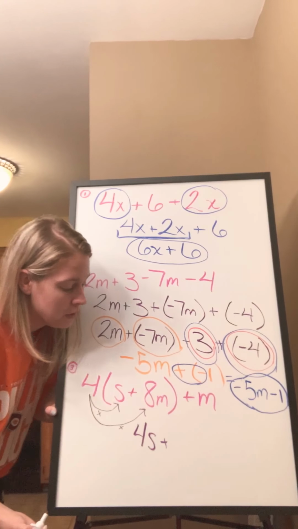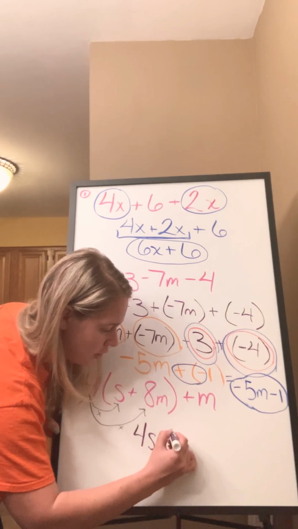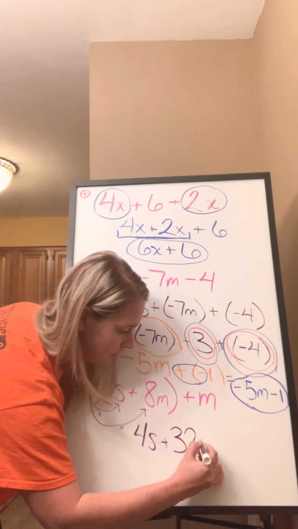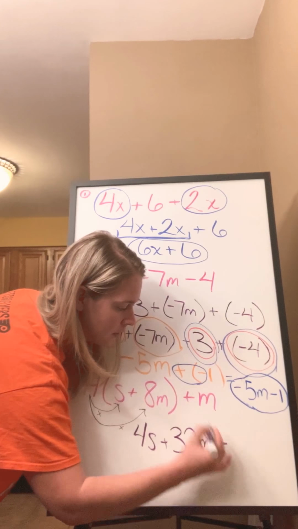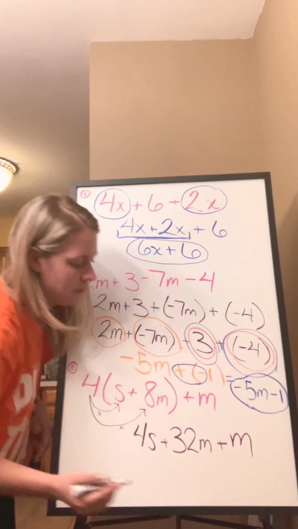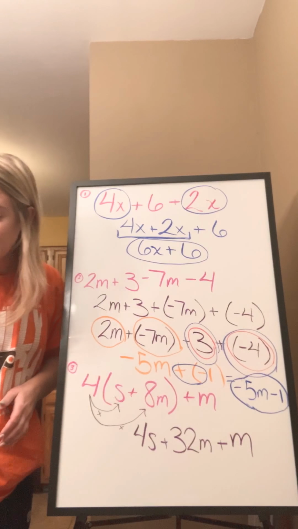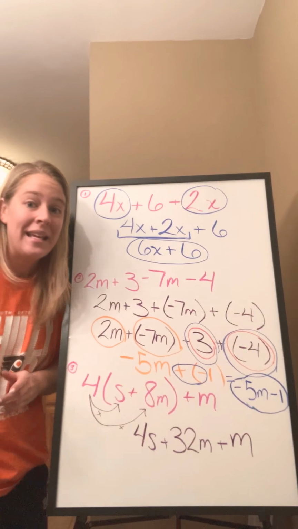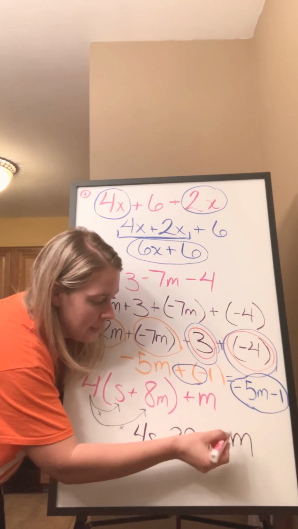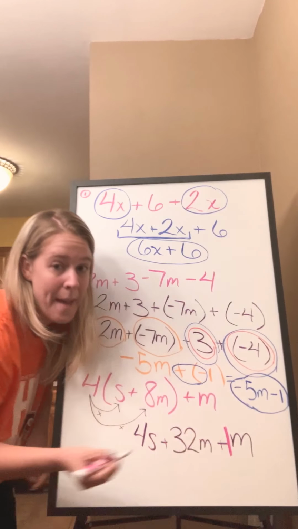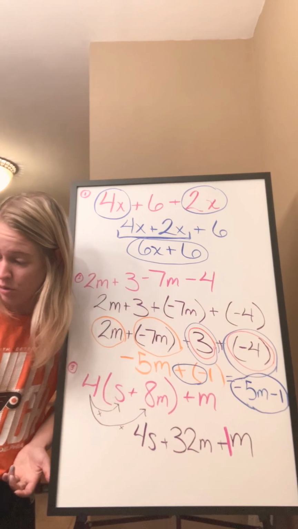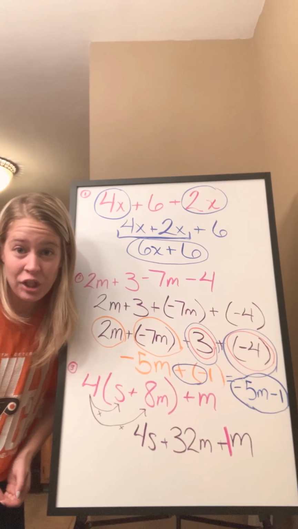Okay, what's that gonna give me? 32m, good job. All right, plus my m was on the outside. I need to remember that in front of this m is a 1, right? That's 1m.